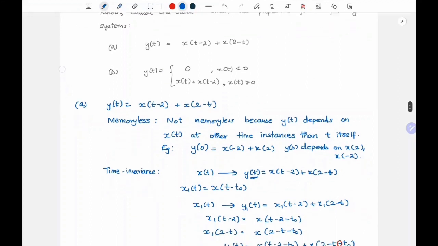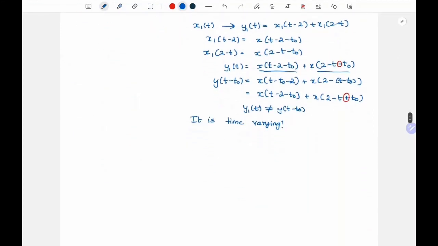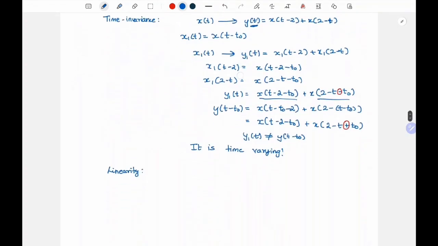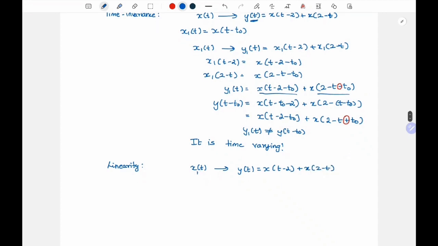Okay, and then the next property is linearity. Okay, let's check for linearity. So we have x of t gives y of t equal to x of t minus 2 plus x of 2 minus t. So let's take two signals, x1 of t gives y1 of t, and x2 of t gives y2 of t equal to x2 of t minus 2 plus x2 of 2 minus t.